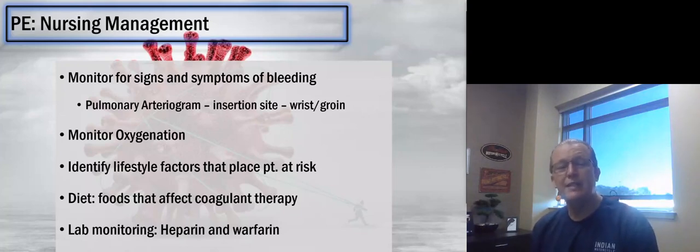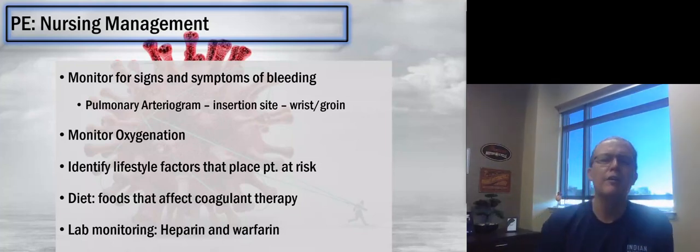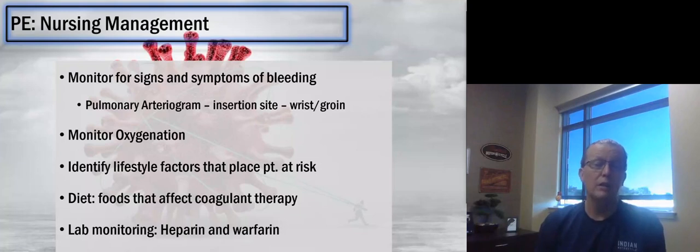For these patients, we're going to identify lifestyle factors that increase the risk. And yes, smoking is going to be a concern here. But we also have to bear in mind that there are other lifestyle factors that affect coagulation that have nothing to do with smoking. One that I mentioned earlier is contraception.